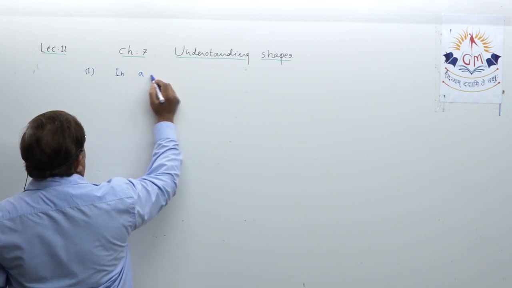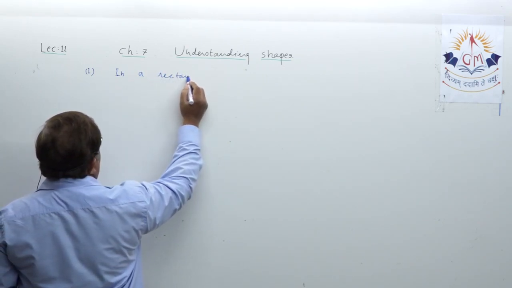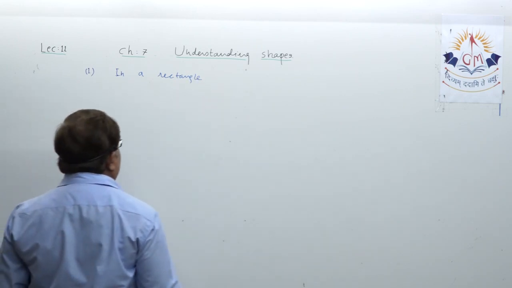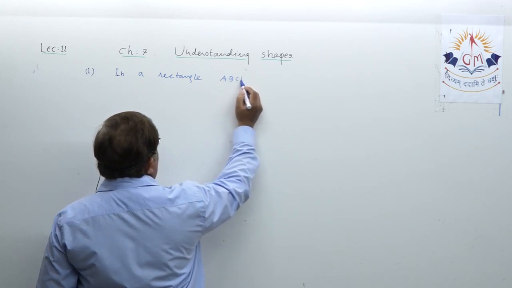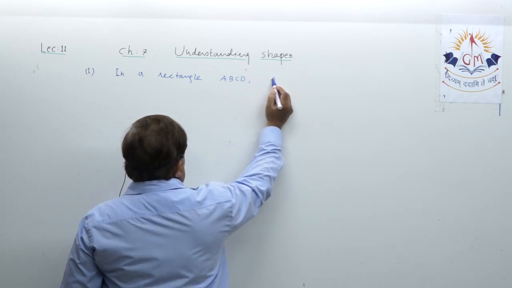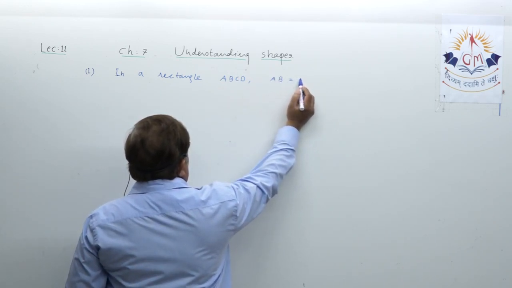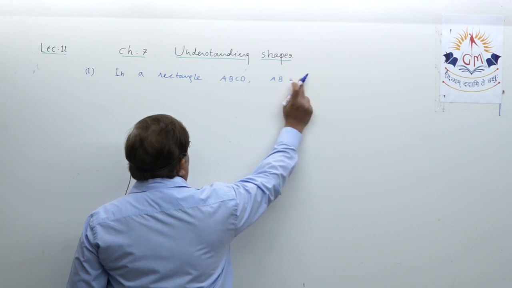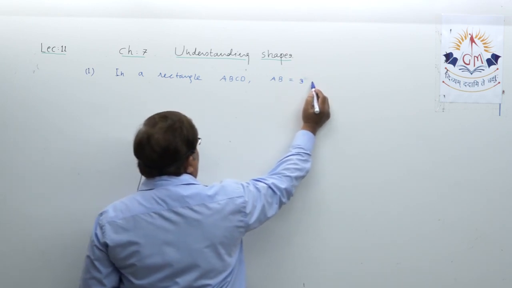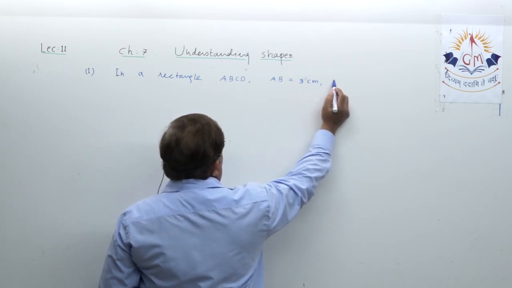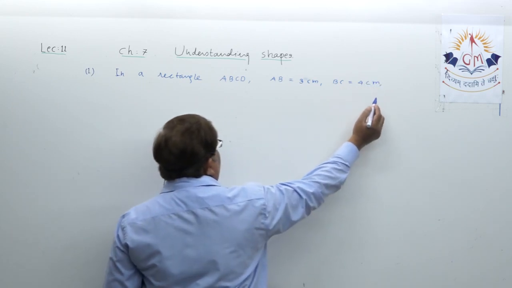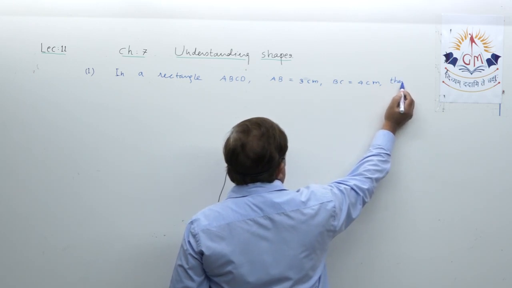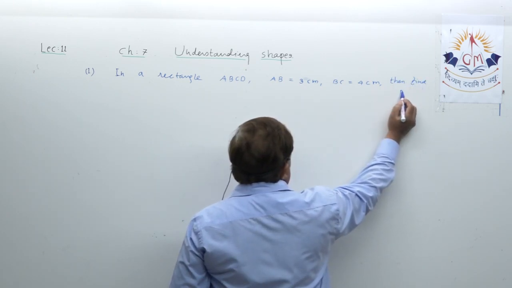In a rectangle ABCD, AB equal to 3 centimeter, BC equal to 4 centimeter, then find BD.